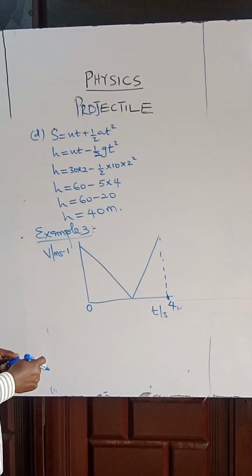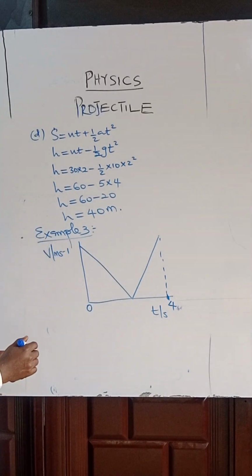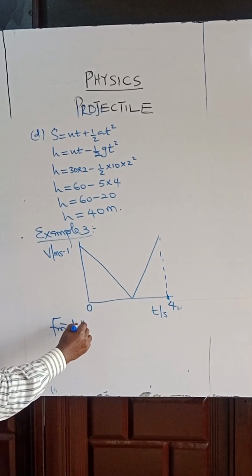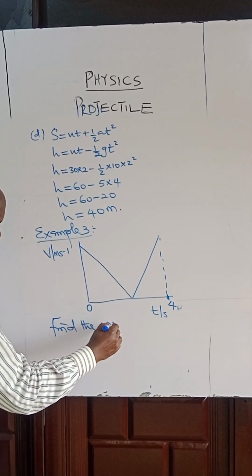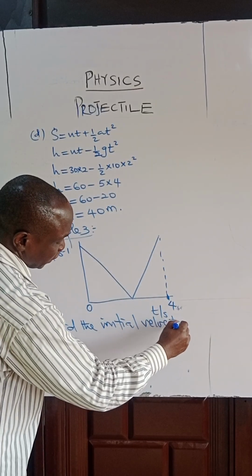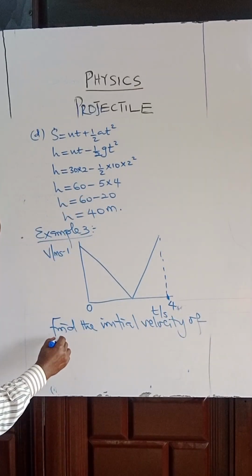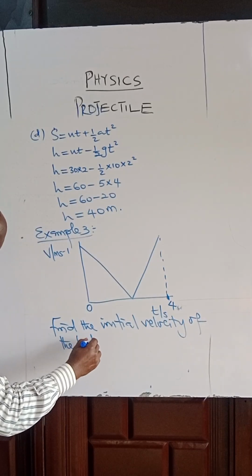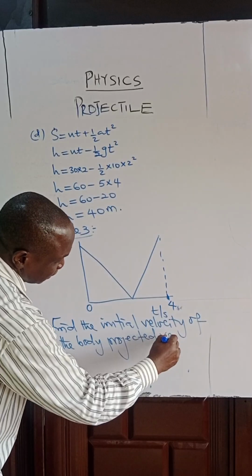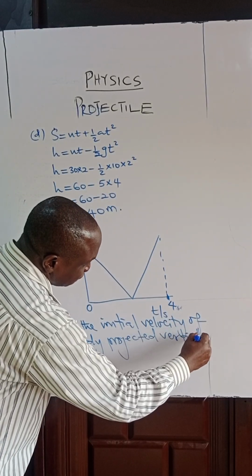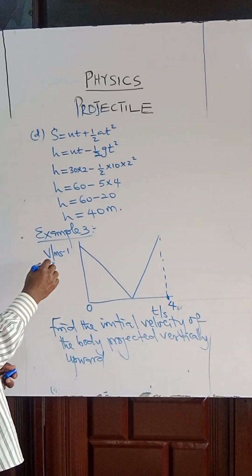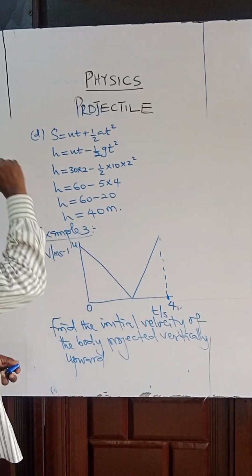Then you have to find the initial velocity of the body projected vertically upward. You can see this one represents u in the diagram.